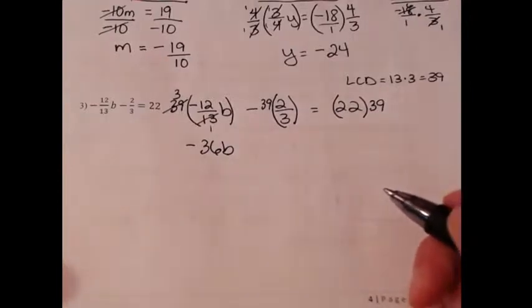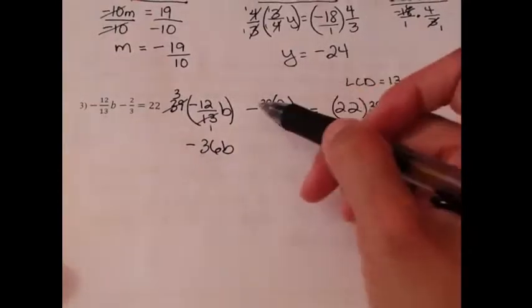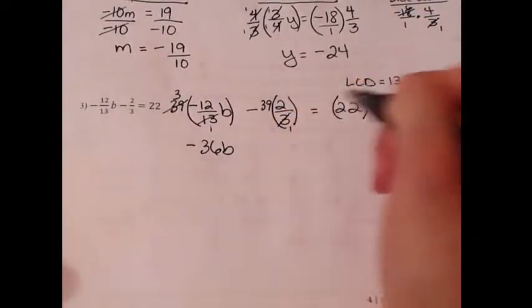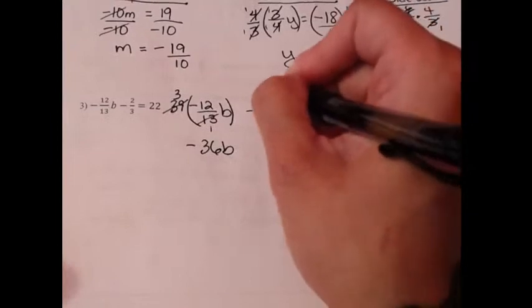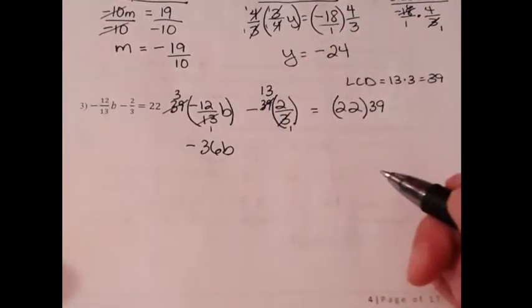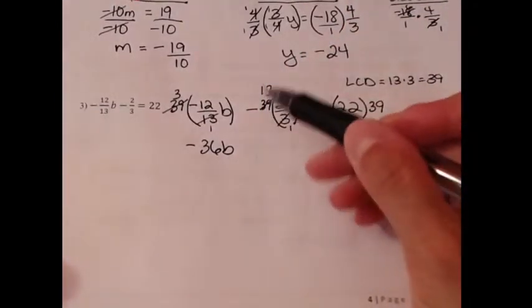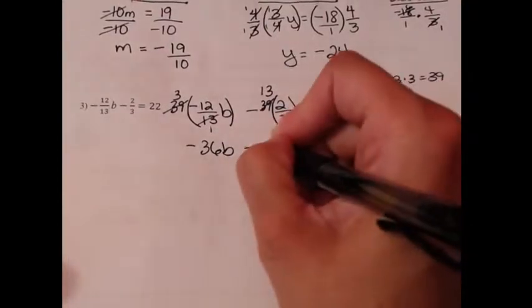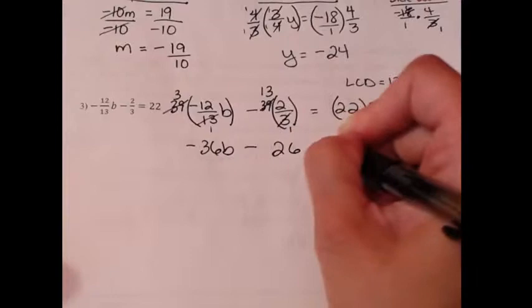Let's do it again with our second term. 39 times 2/3. 3 goes into itself once and into 39 13 times. And now we have minus 13 times 2, which is going to be a minus 26.